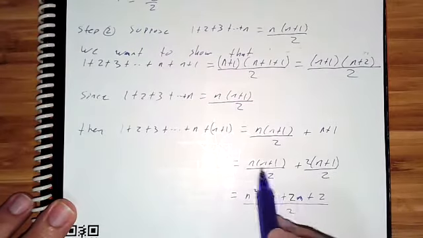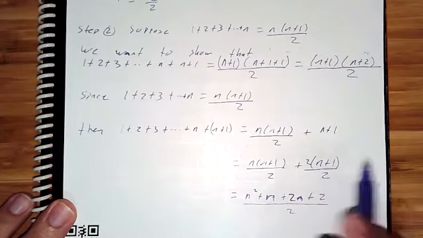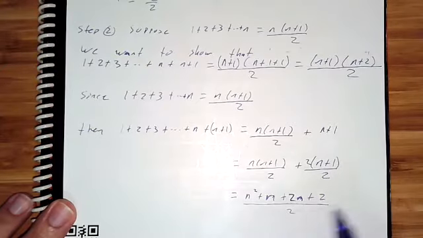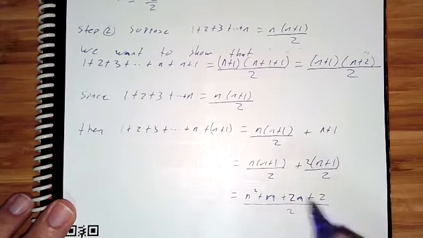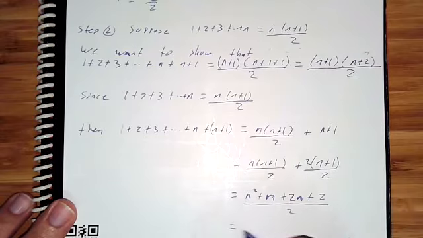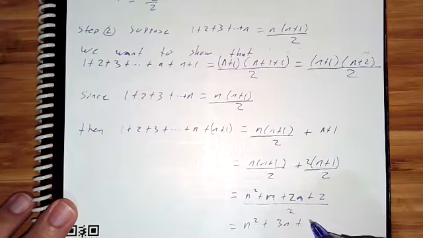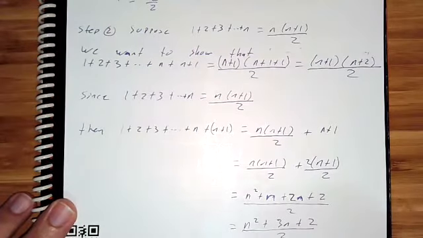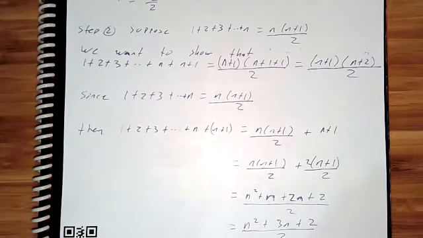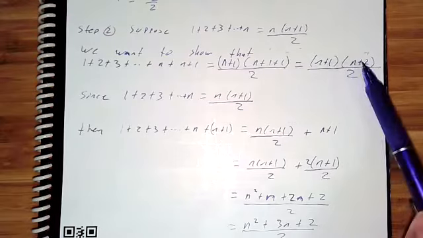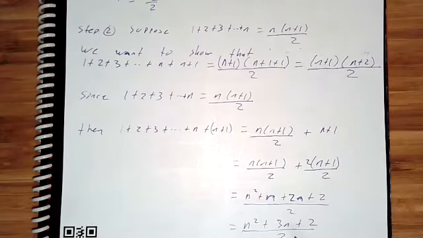Here I just distribute, combine the fractions. I get this. Okay. So this will give us n squared plus 3n plus 2 over 2. And if you multiply this out, you will see that this is the same.